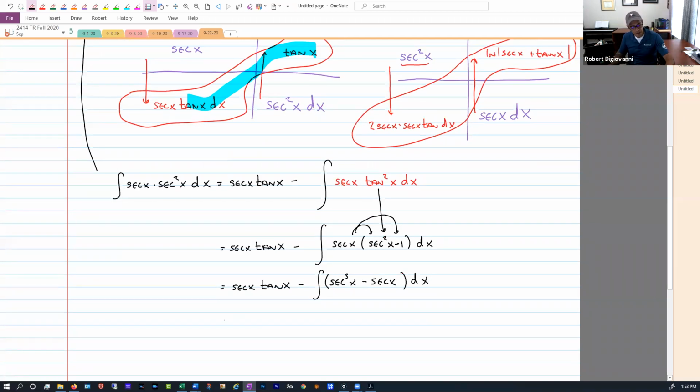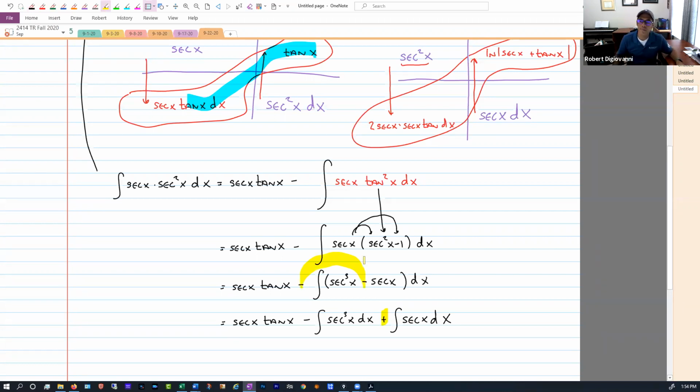And now I'm going to split that into 2 integrals. Okay, so that became a plus. Be careful with that plus sign because I had to distribute the negative through there.